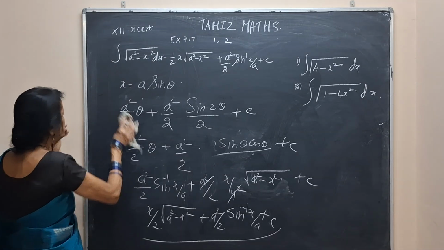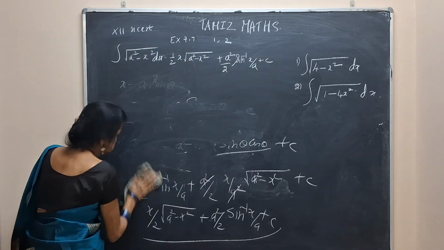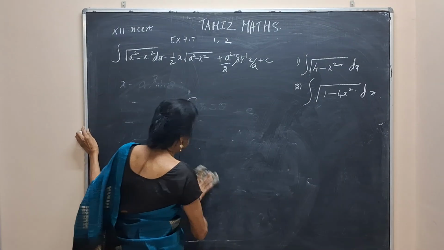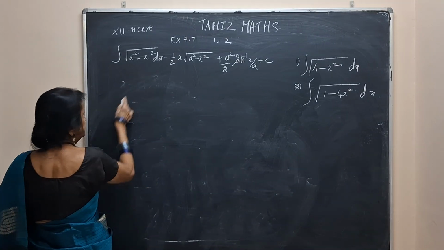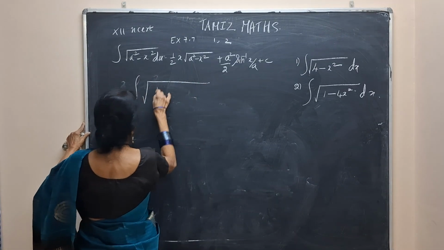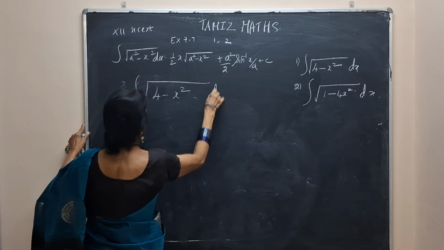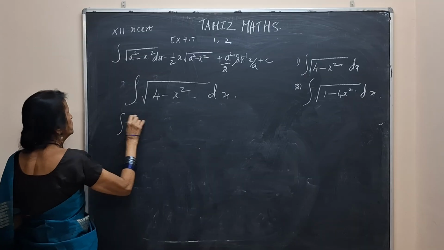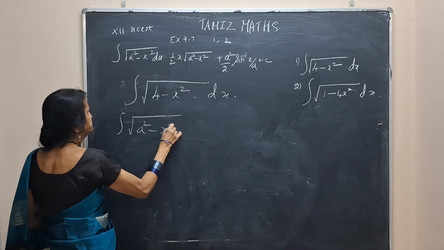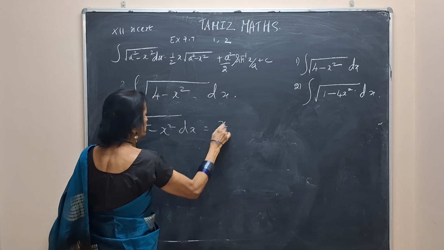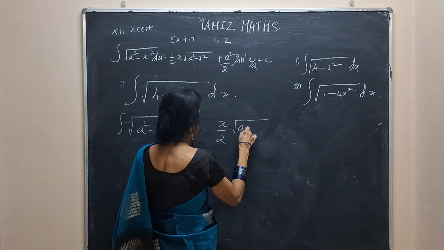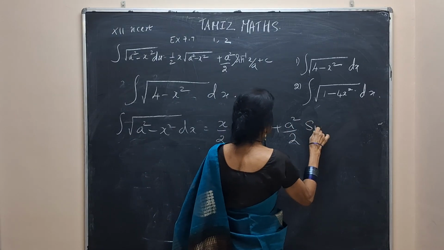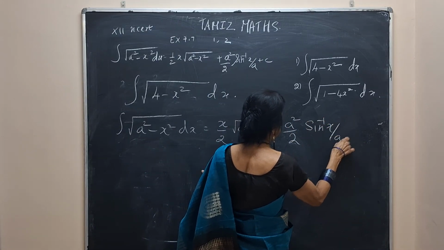Problem 1. You simply write the answer, that's enough. Integrate root of 4 minus x square dx. For every question you write this formula: x by 2 root of a square minus x square plus a square by 2 sine inverse of x by a plus c.